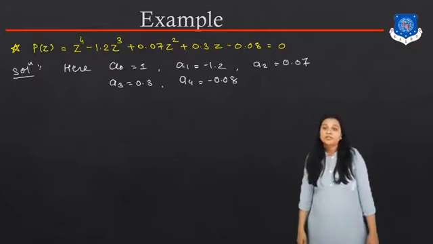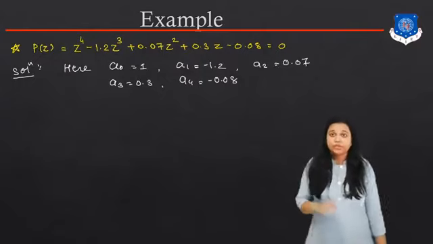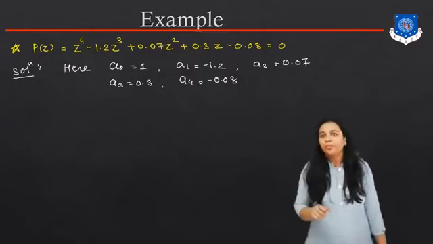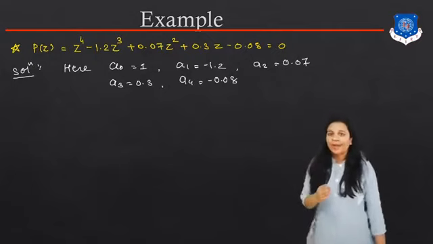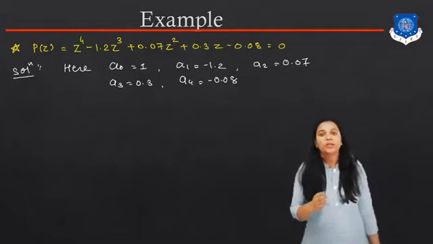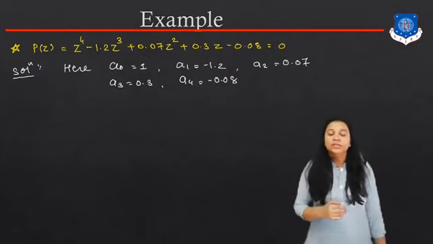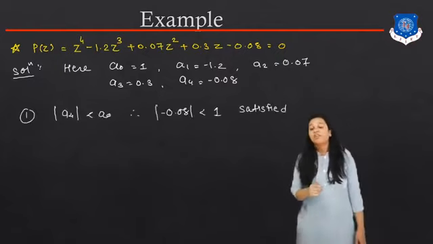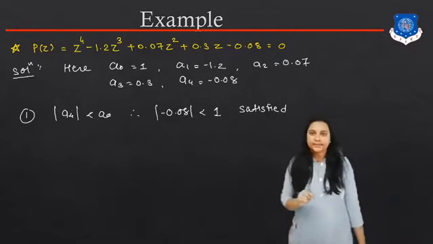Now first we have to write down the coefficients. a0 is equal to 1 because the coefficient of z raised to 4 is 1. a1 is equal to minus 1.2, a2 is equal to 0.07, a3 is equal to 0.3 and a4 is equal to minus 0.08.